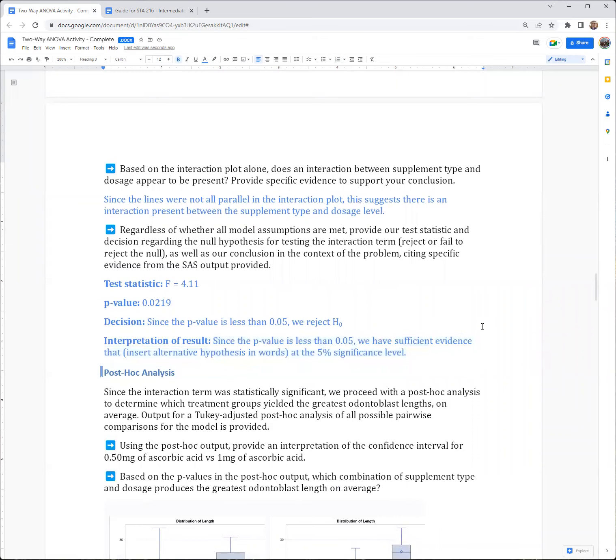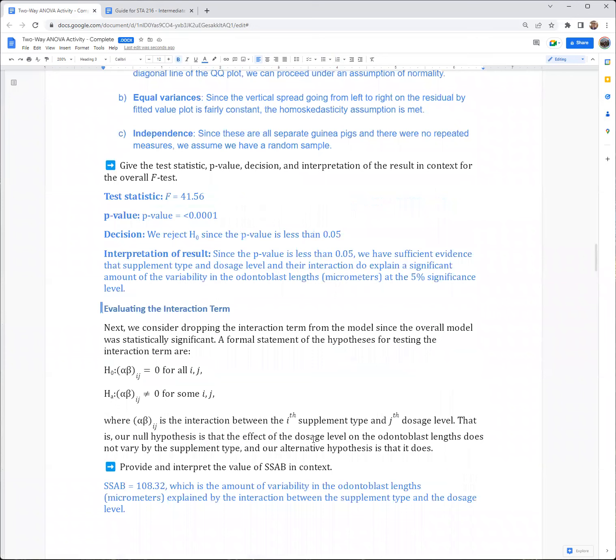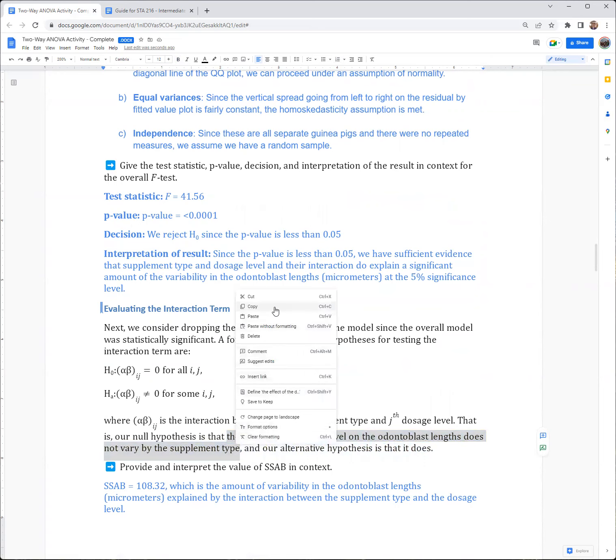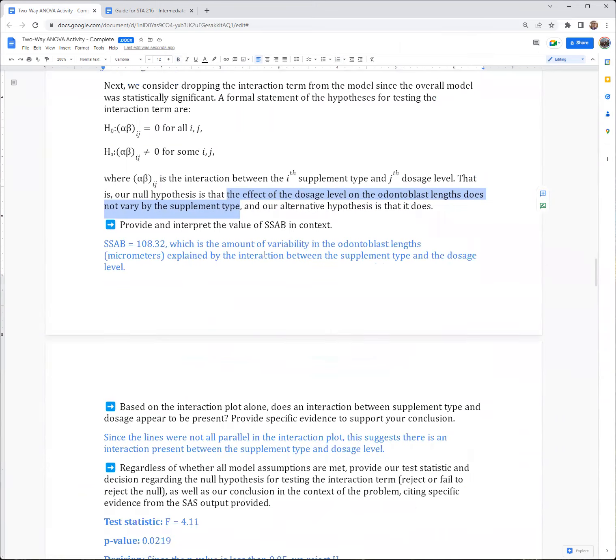And to get our alternative hypothesis in words, let's scroll back up to where we gave that. So our null hypothesis was that this was true. Okay, so our alternative hypothesis is the opposite of that.